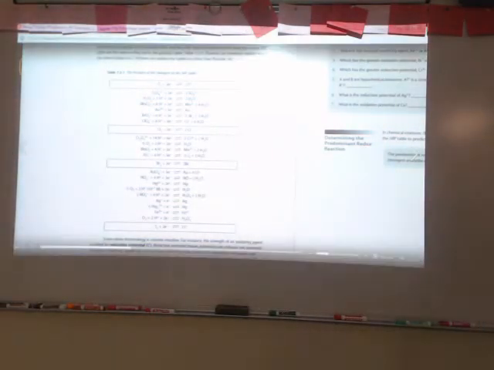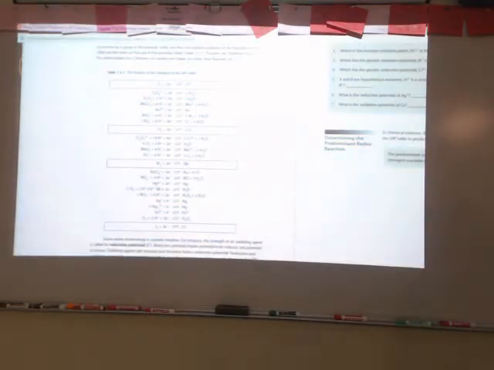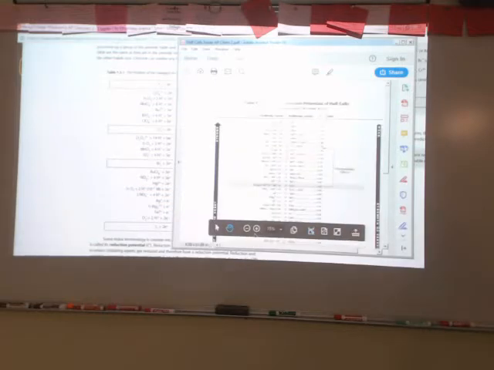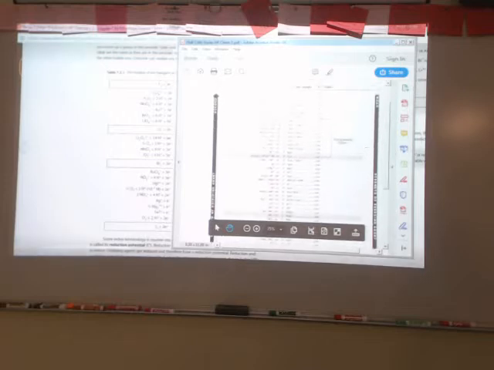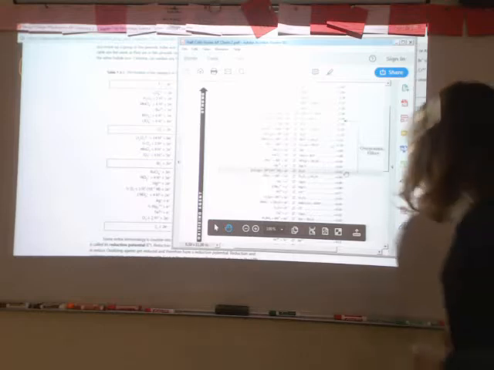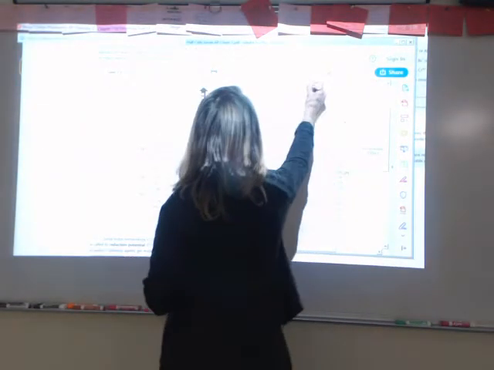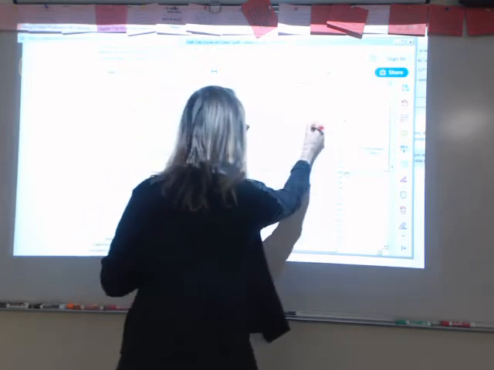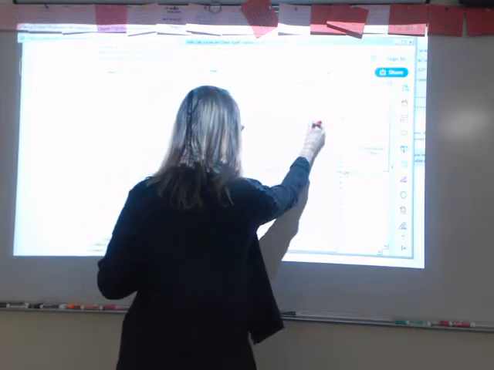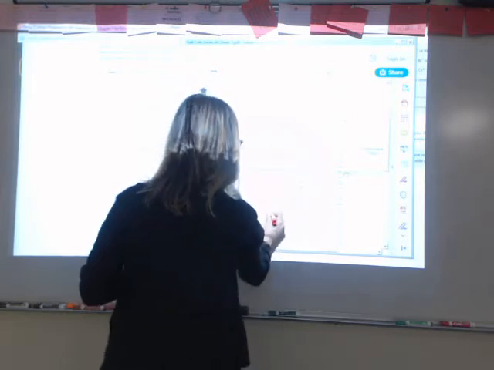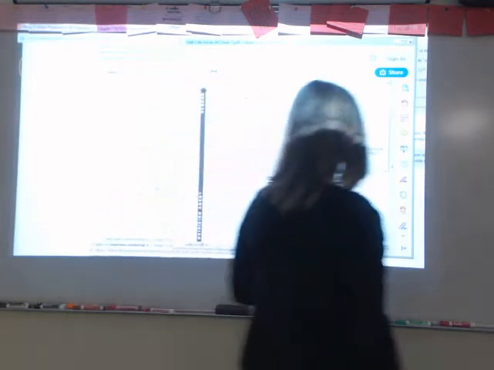So if we're trying to look at this on the SRP table itself, you'll notice you've got fluorine here at the very top. Chlorine is here underneath it. Bromine is here. And then your iodine is down here.